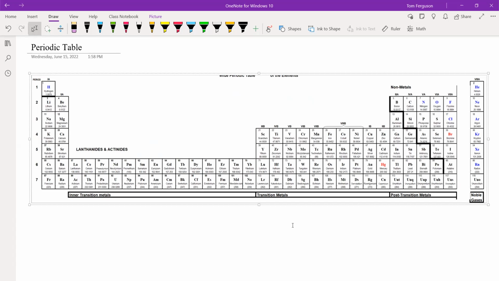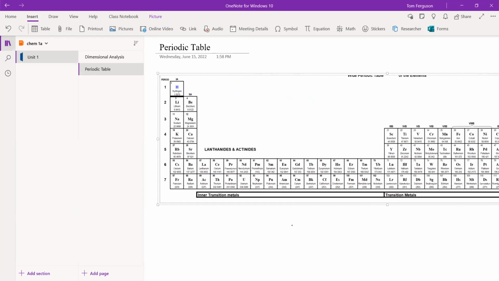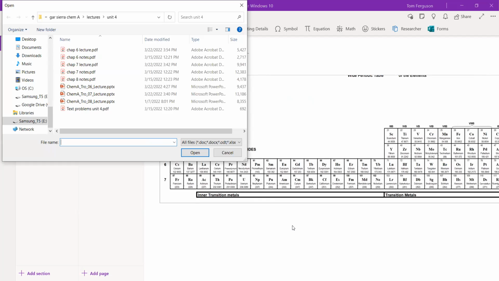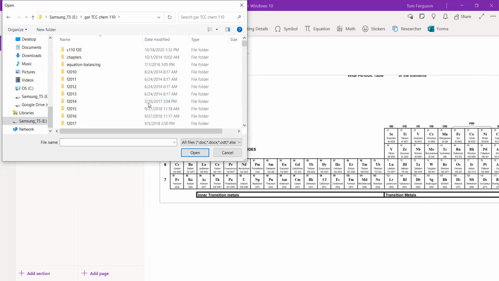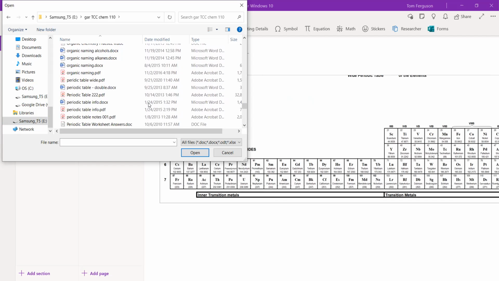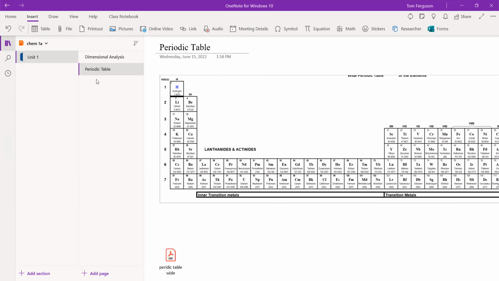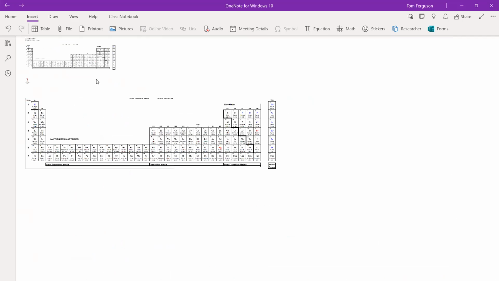So let me get a more conventional periodic table by running over to... Oops.